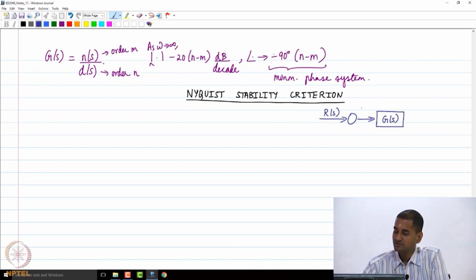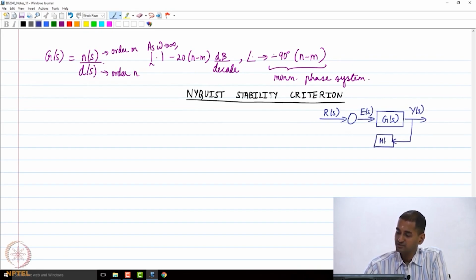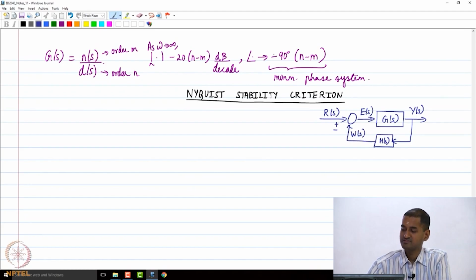This is E of s, and this is Y of s, and the feedback path transfer function is going to be H of s, and this is going to close the loop. Let us say we have negative feedback, let me call the signal W of s. So, this is the block diagram we have.